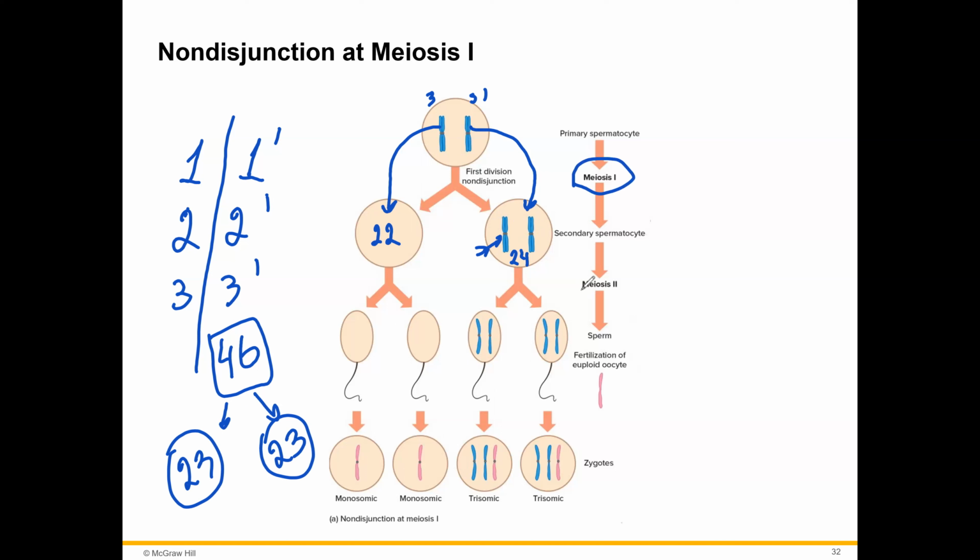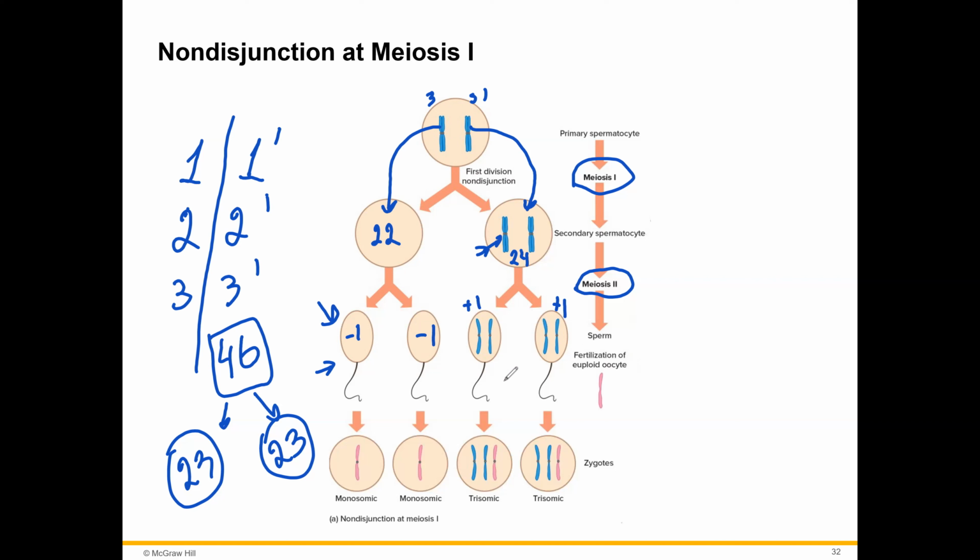And then we continue to form a sperm. We need to go through one more division called meiosis 2. And you can see here that we produce sperm, and neither one has normal ploidy. So those cells are missing one, and those sperm have an extra one.